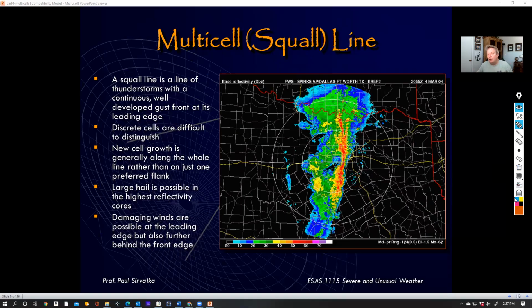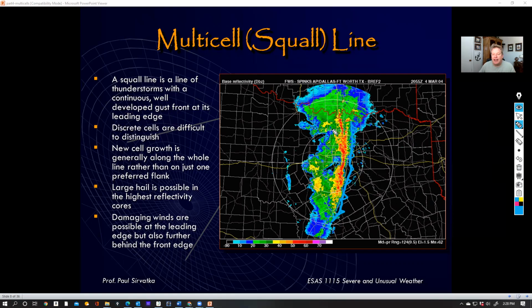And the reason for that is that the leading edge tends to have a well-defined gust front. So the maximum convergence is ahead of the entire line. That's what makes it a multicell squall line. Continuous, well-developed gust front at its leading edge.